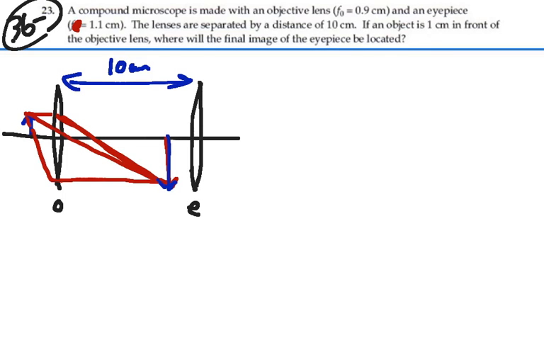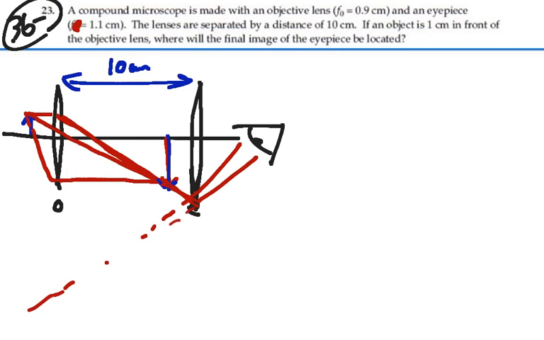So let's extend this lens a little bit more here. So we extend these lines here. They might come out like this to eventually reach our eye over here. And as we look at this and follow these rays backwards, they may converge on a point, creating an image that is well magnified.